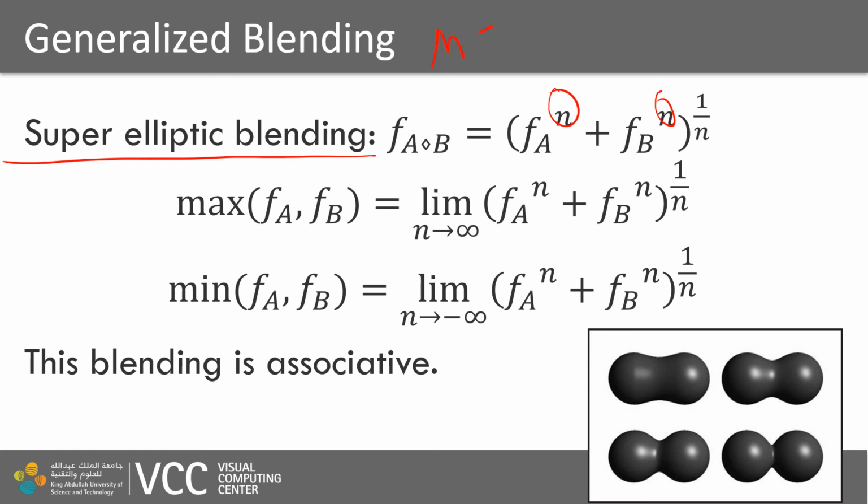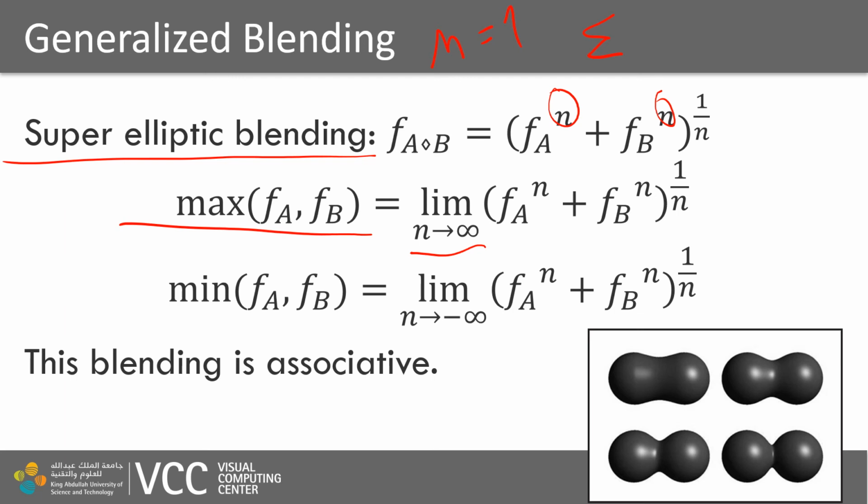So n equals 1, we have a simple summation. And if n goes to infinity, then we have the max function. So the higher the n is, the more it goes from a summation compositor into a max compositor. Max compositor means that we will simply create a union of the blending functions.